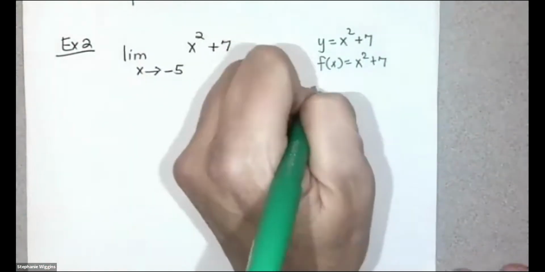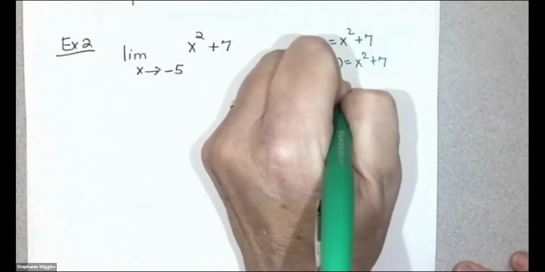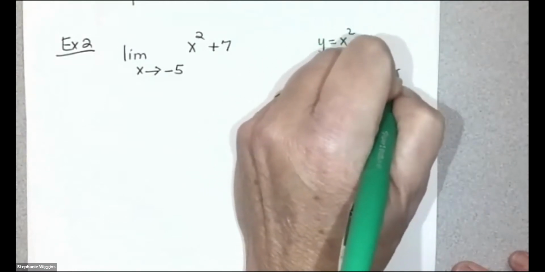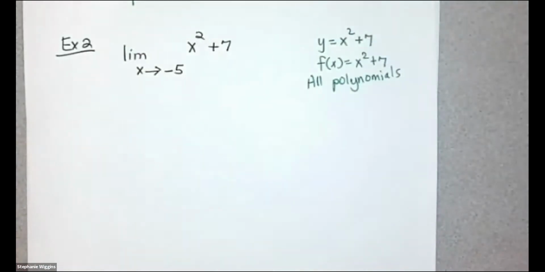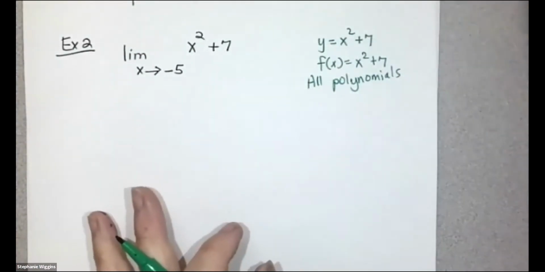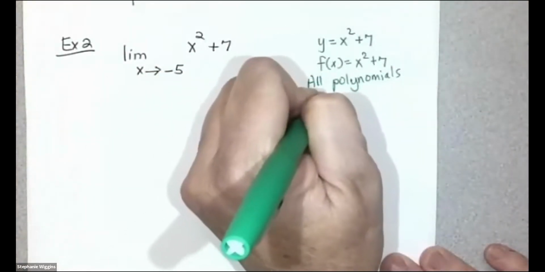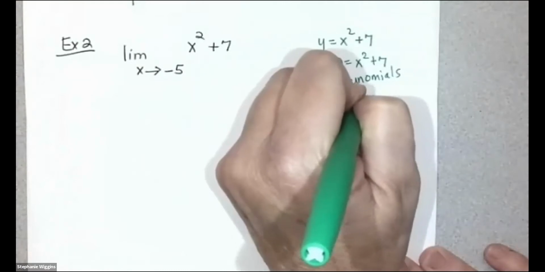And all polynomials are continuous. Think about a parabola. All quadratic functions are parabolas, right? And polynomials, all of them are smooth curves. All polynomials are continuous.